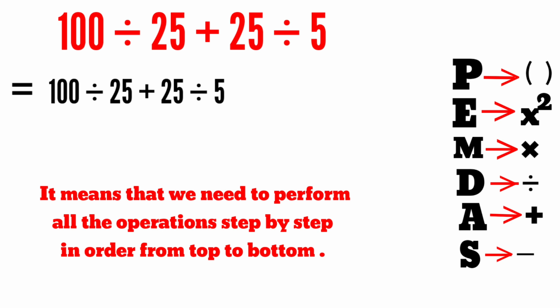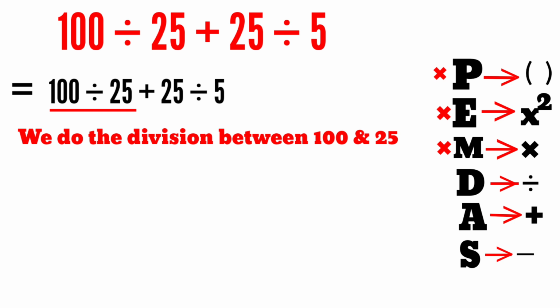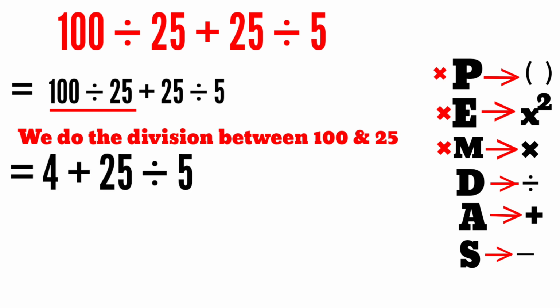Use the rule of DMAS. We should start with division. We do the division between 100 and 25, which is equal to 4 plus 25 divided by 5.